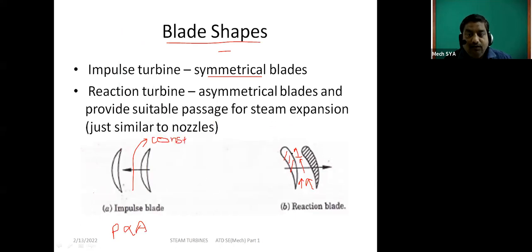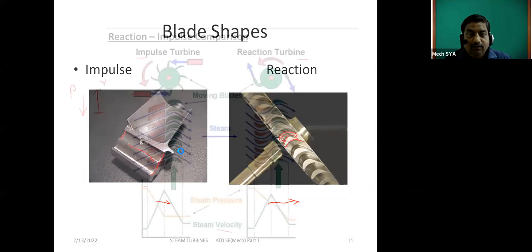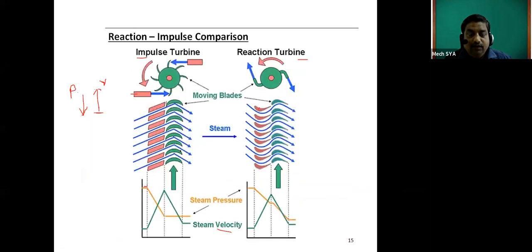Due to that unsymmetricity, the area of passage between the two blades is definitely a varying cross section, and due to that the pressure is decreasing continuously and velocity goes on increasing. So this is the reaction type of blades, unsymmetrical blades. So we have differentiated between the impulse turbine and the reaction turbine.